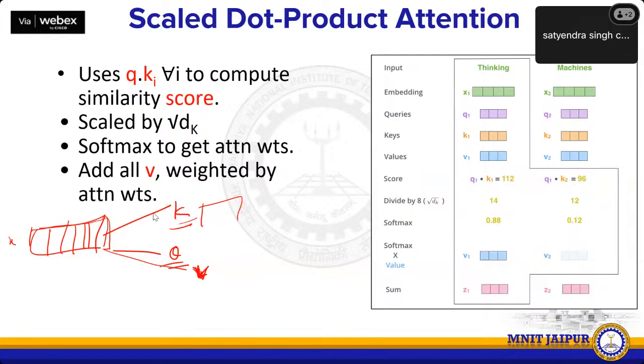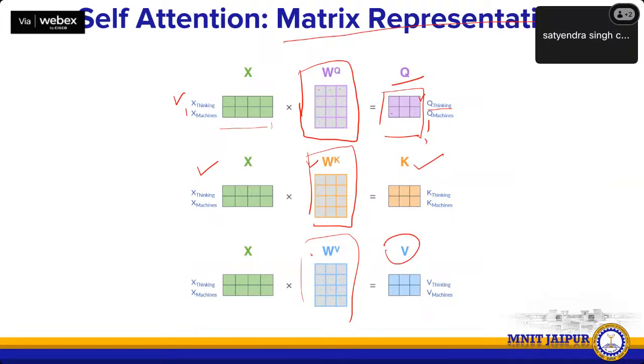Another question is about dimension. Dimension basically depends on what input embedding you are taking and how you are representing the embedding, which model you are using to embed the input, whether it's a one hot vector or anything.